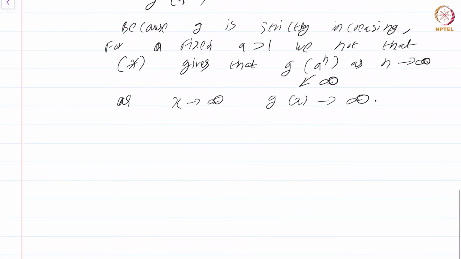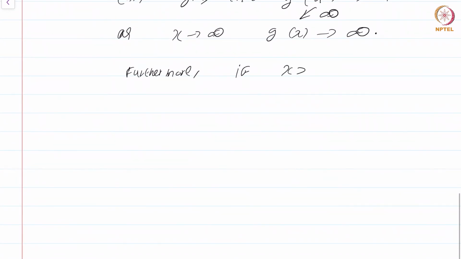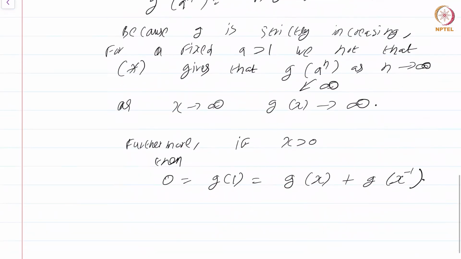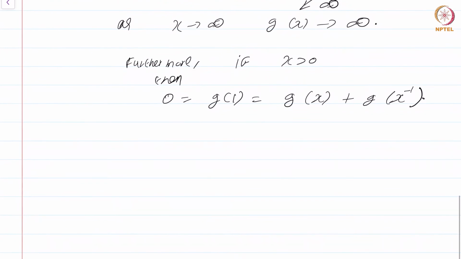Okay. Furthermore, if x is greater than 0, then 0 is equal to g of 1 is equal to g of x plus g of x inverse, right? This is just coming from the identity that g of xy is g of x plus g of y, right? So which means g of x inverse is equal to minus g of x.